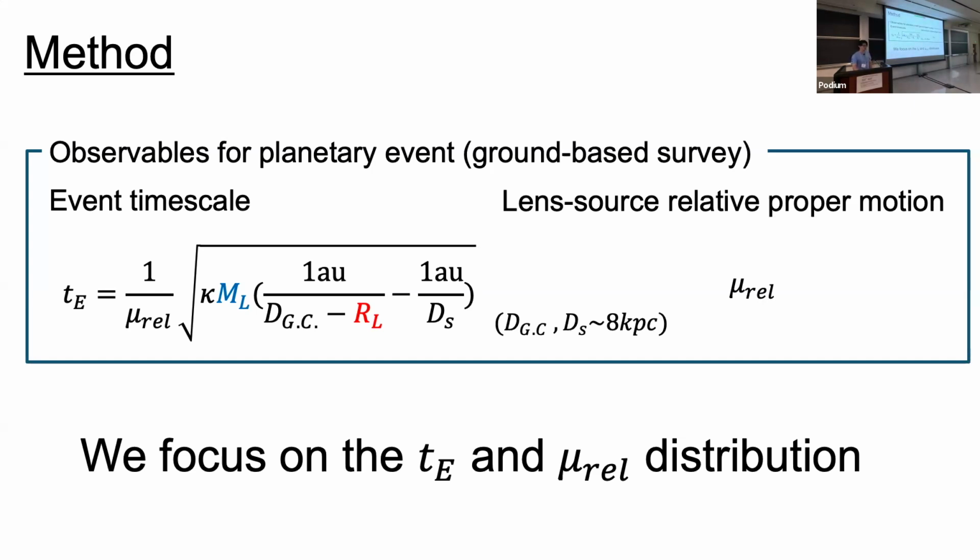On the other hand, when RL is large, that means the system is in the galactic disk, and mu will become very slow. So tE and mu are strongly related with ML and RL, and to estimate the dependence of planetary frequency on ML and RL, we focus on the tE and mu distribution.